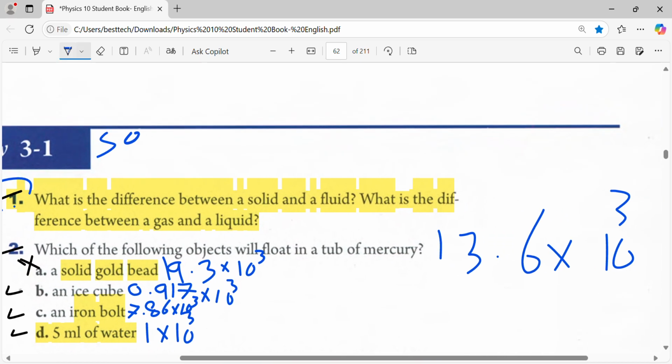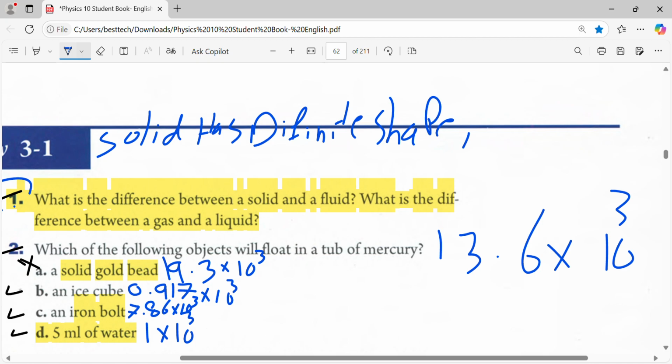Solid has a definite shape. Their shape is clear. But fluid does not. So this is the answer to the first part.